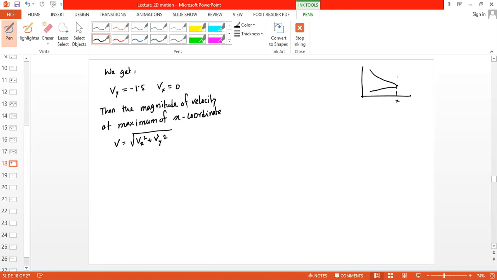This is the formula. আমরা জানি একটা ভেক্টরের যদি দুটো কম্পোনেন্ট থাকে তাহলে তার ম্যাগনিটিউড ইজ square root. So this is basically equal to square root of vx is 0 plus minus 1.5 whole square. This is basically 1.5. So 1.5 meter per second is the velocity. Is that clear?